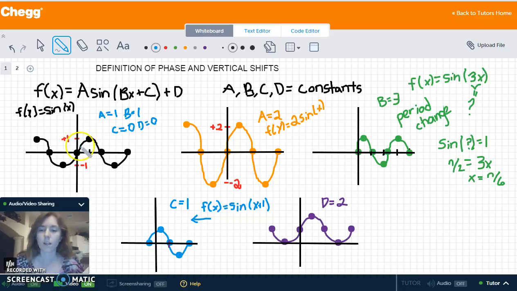So let's say we make x equal to 0. So on this graph, the sine of 1 would be about here.